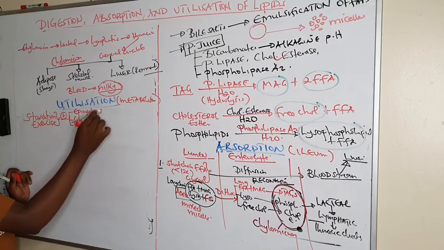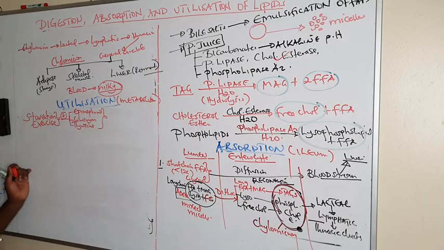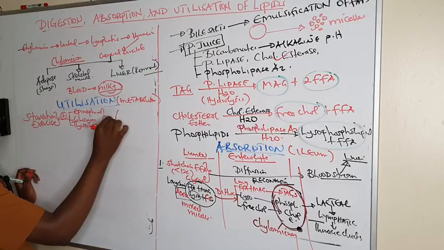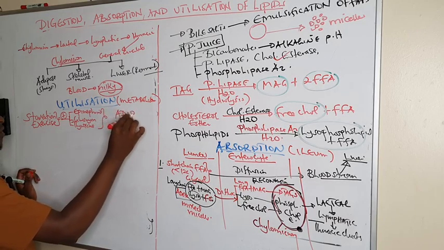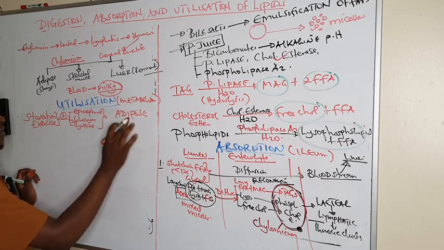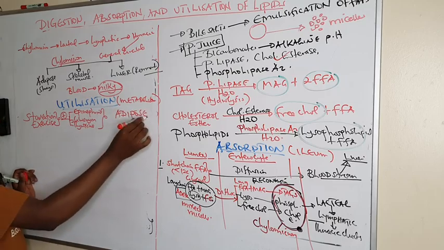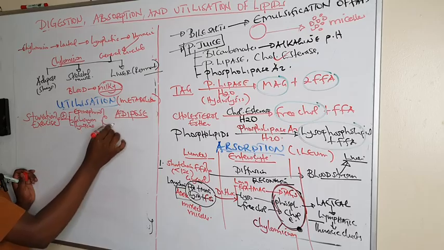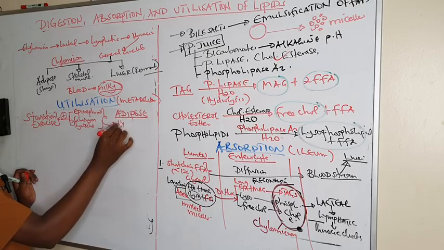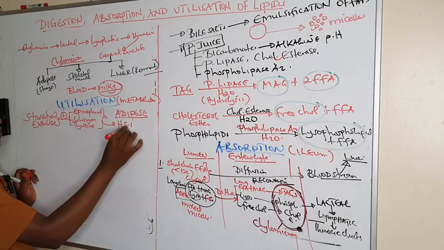So these hormones, when they work together, they go to the adipose because the site of lipolysis is the adipose. When they reach the adipose, they stimulate hormone sensitive lipase.